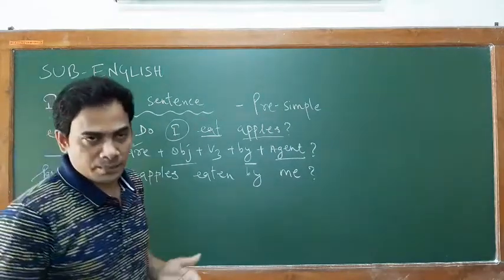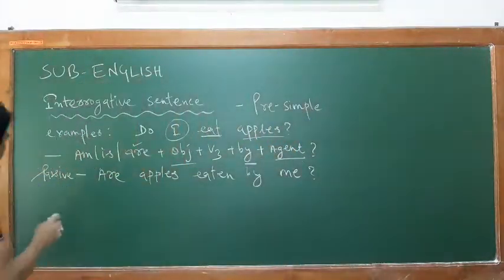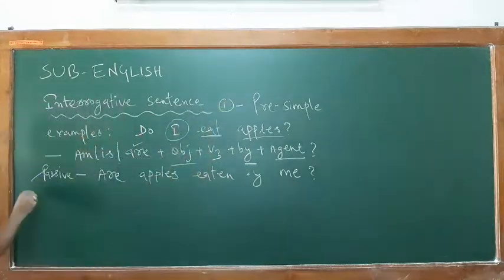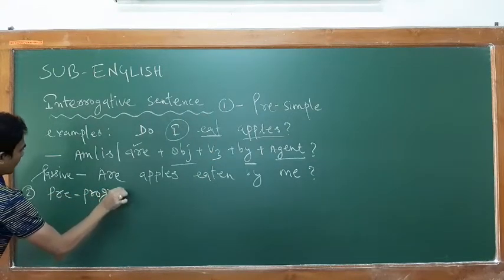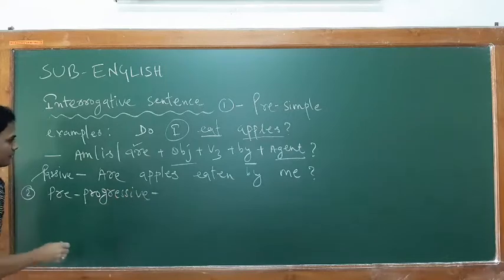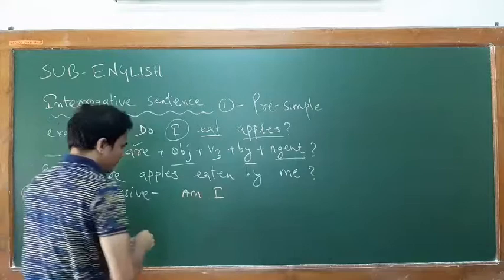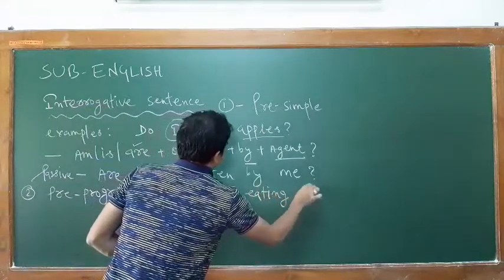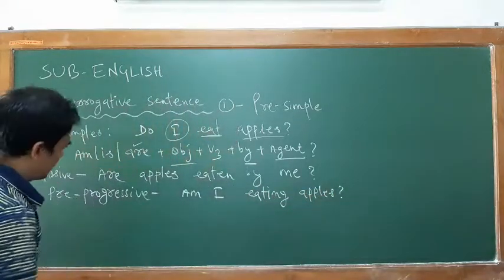Now I will be citing examples from your present progressive. This is number 1. So number 2, present progressive, we can see here. Am I eating apples?